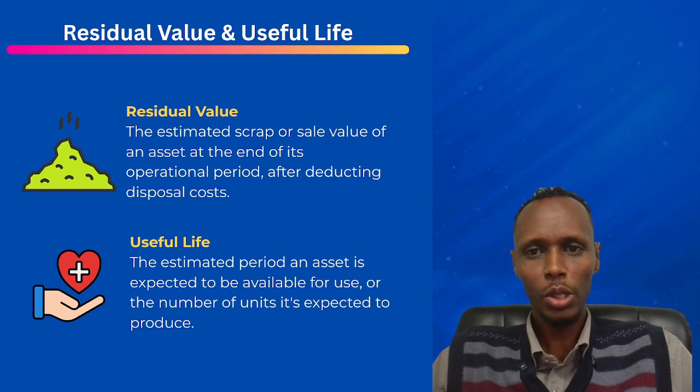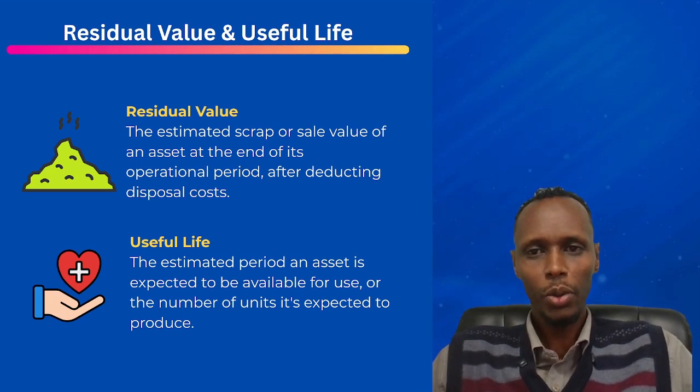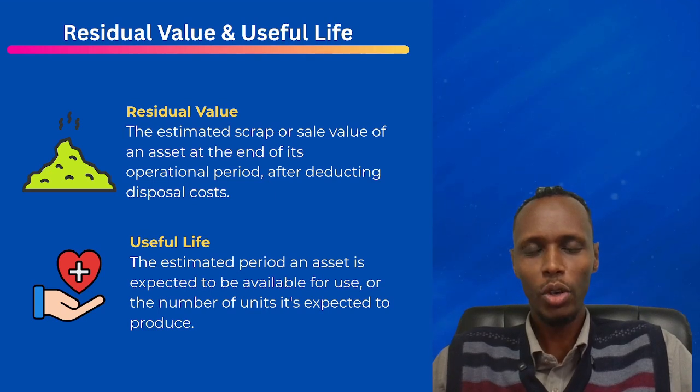If an old grader is sold for parts, the sale price of that scrap is the residual value. The useful life is the estimated time that the asset will be available for use. For example, a new laptop in a government office might have a useful life of, say, 3 years before it is considered too slow or obsolete.